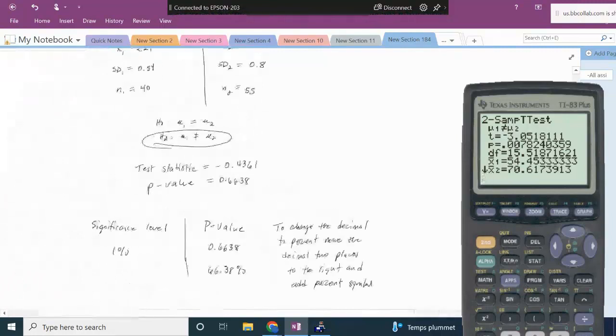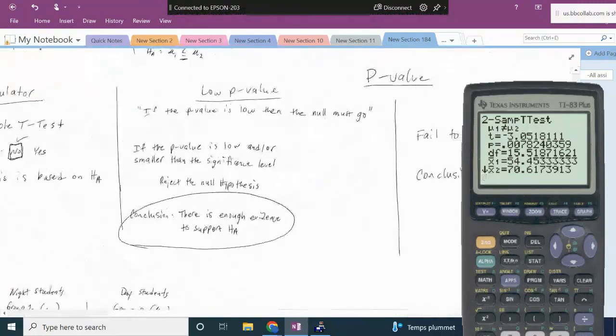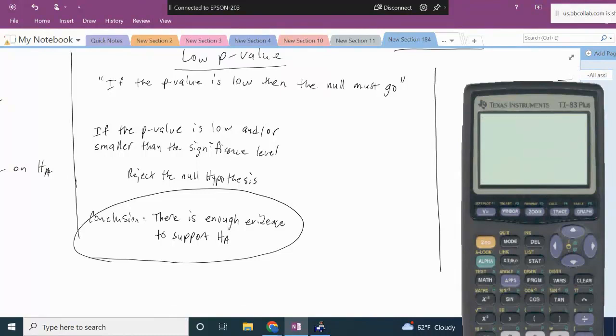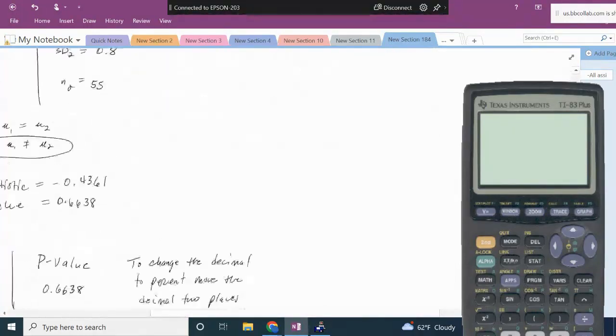So if we go back to our interpretations, if we have a low p-value, then we're going to reject the null hypothesis, right? And there's enough evidence to support the alternative hypothesis.